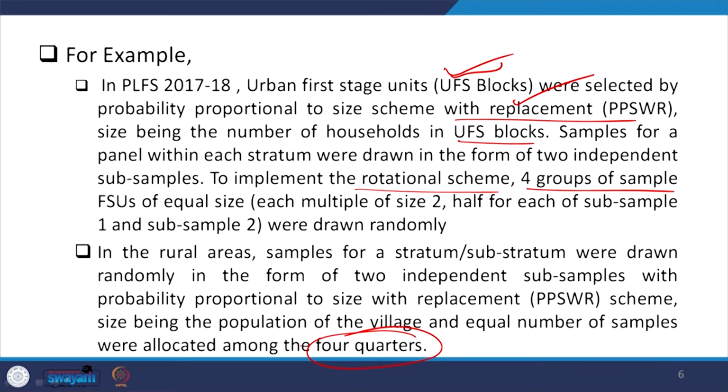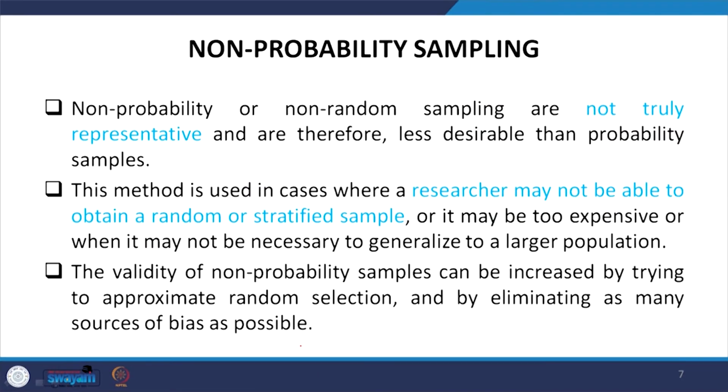In rural areas the portions are different in successive quarters, whereas in urban areas the same portions are repeated in successive quarters. Accordingly they followed the sampling frame.